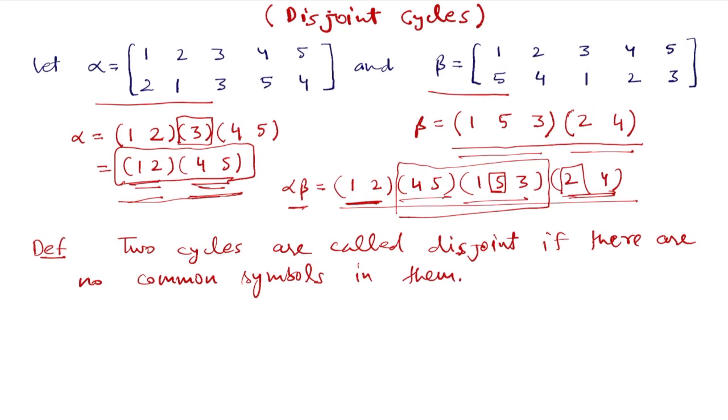So in alpha, (1 2) and (4 5) are disjoint, and in beta, (1 5 3) and (2 4) are disjoint, but in alpha beta, (4 5) and (1 5 3) are not disjoint cycles.